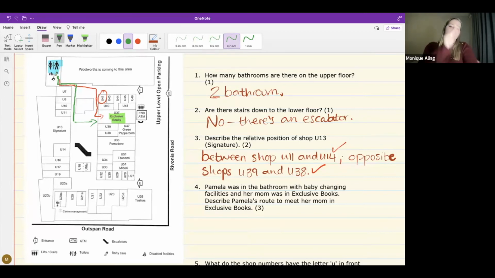Or you could go the red route, which is left out of the bathrooms, then you're going to turn right. You pass shop 41, 40, and then you'll pass Exclusive Books on your left. Turn left.